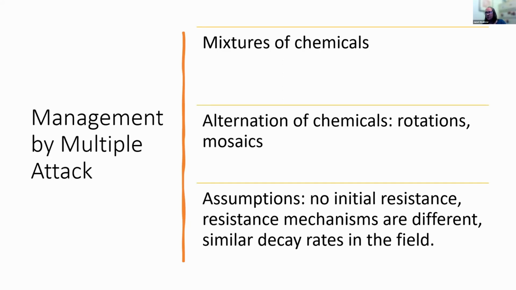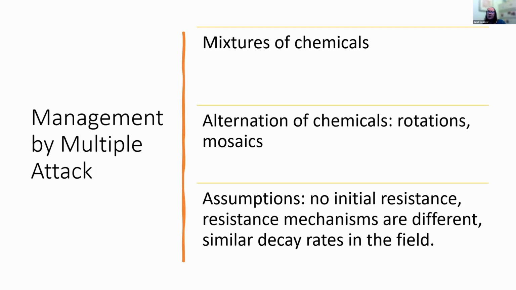And then there's the alternation of chemicals, using the concept of rotating chemicals or applying them in mosaics. And again, the assumption for this to work, as Dina pointed out in her talk, is there's no initial resistance, the resistance mechanisms are different, and they have similar decay rates in the field.